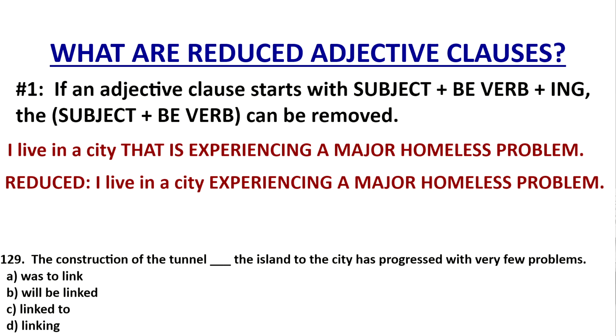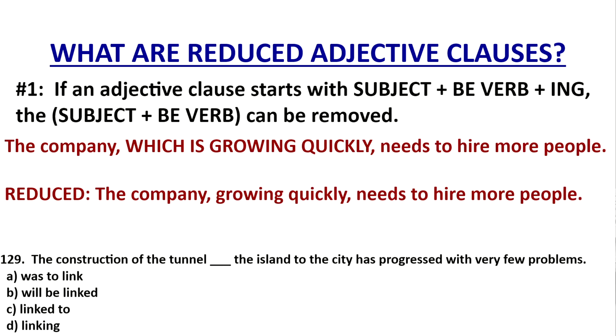Experiencing a major homeless problem is my adjective clause. It is reduced. Let's do one more. The company, which is growing quickly, needs to hire more employees. I take out which is, because I have subject, be verb, and I say the company growing quickly needs to hire more employees. So that's one way to create a reduced adjective clause.